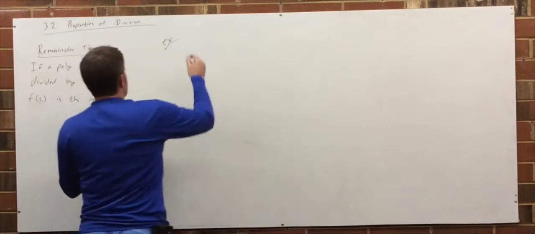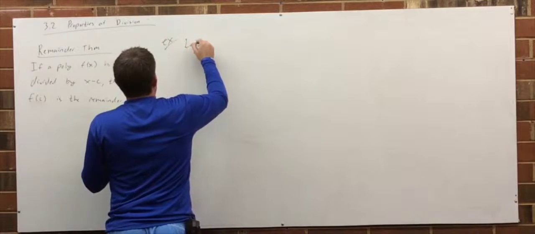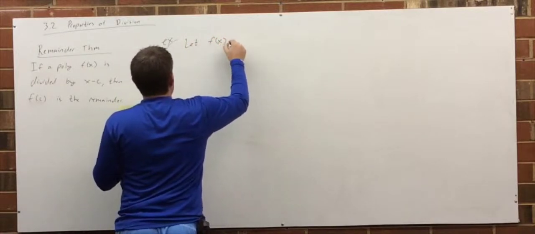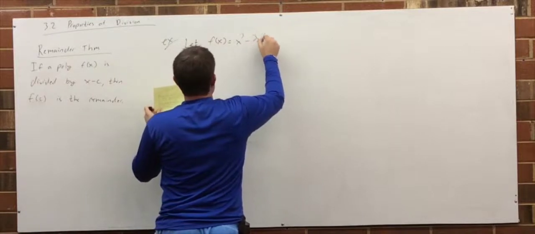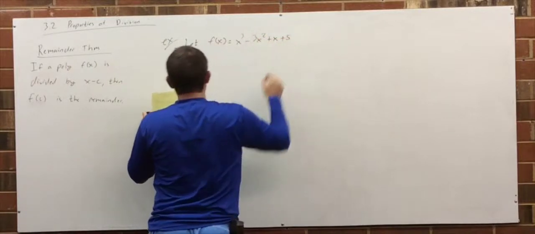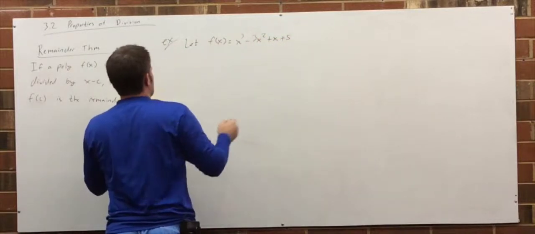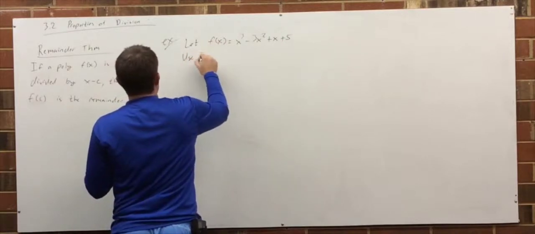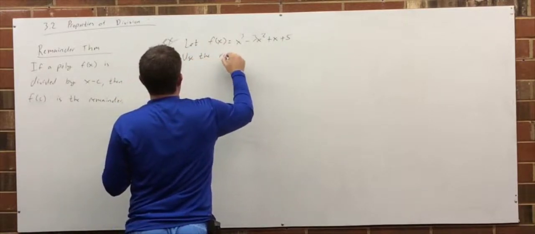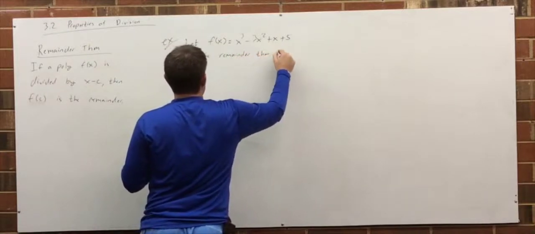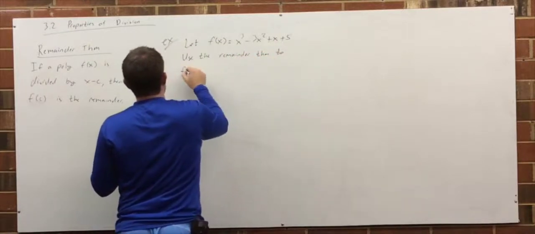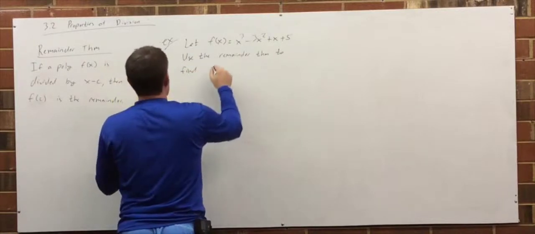Okay? So let f of x equal x cubed minus 3x squared plus x plus 5. And let's use the remainder theorem to find f of 2.